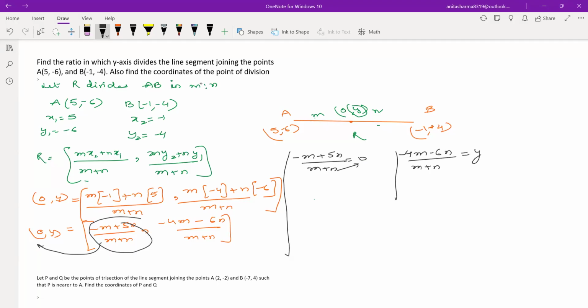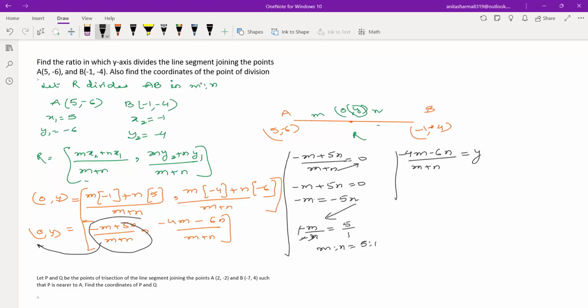Now cross multiply. Then minus m plus 5n will be equal to 0, right, beta? Then minus m will be equal to minus 5n. Now you will transpose this n here. So m upon n will be equal to 5 upon 1. So minus minus cancel. So the ratio m:n will be 5:1. Got it, beta?